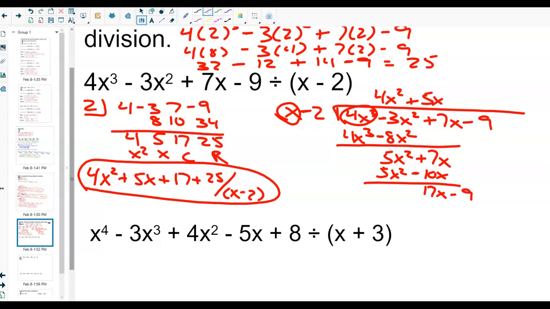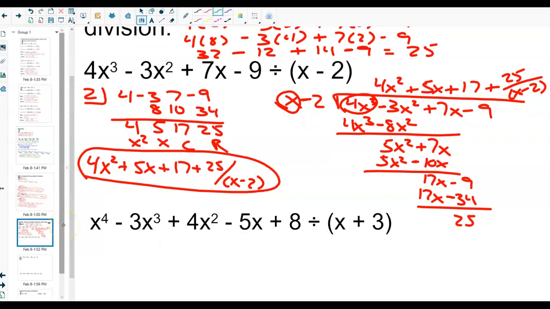What times x will give you 17x? 17. 17 times x is 17x. 17 times -2 is -34. -9 minus a -34 is 25. And that's the remainder. Plus 25 over x minus 2. If you notice, I get the same exact answer each way.